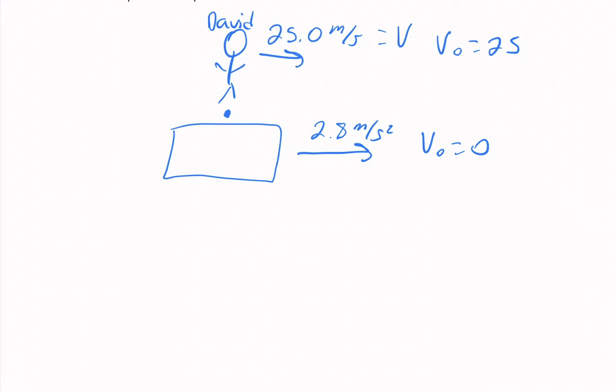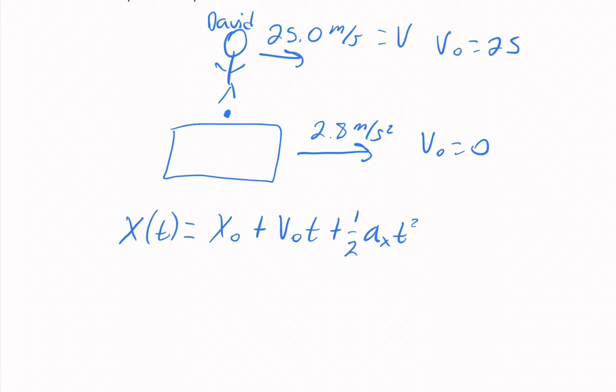Using this idea, we're going to use an equation. We're going to say that x of t, this is going to be the distance one travels, is going to be equal to the initial distance plus the initial velocity times time plus 1/2 the acceleration, in the x direction, t squared.